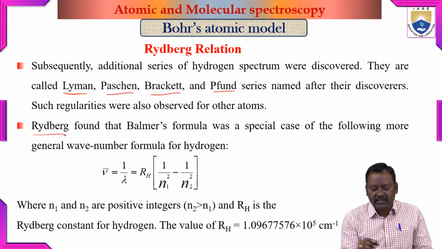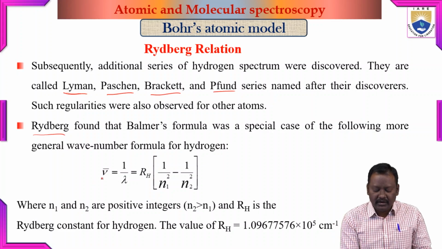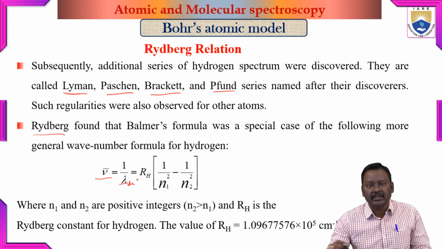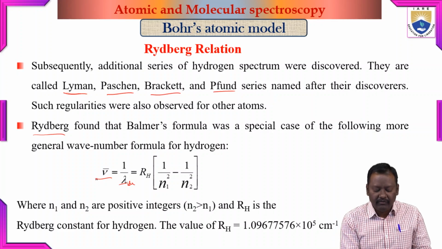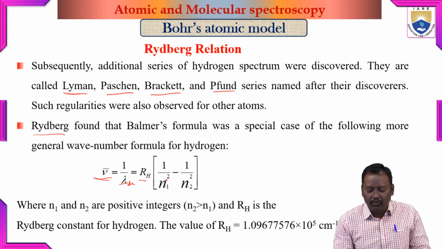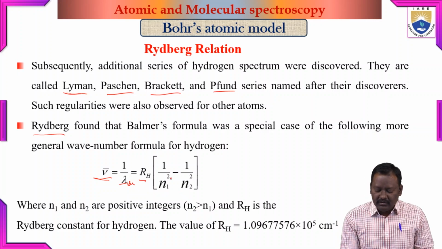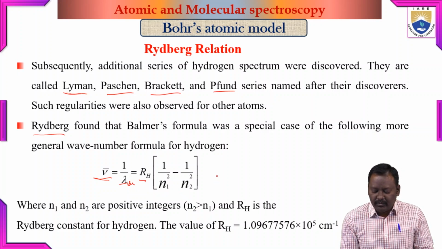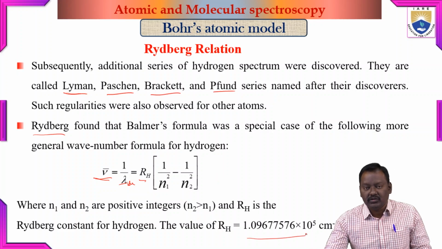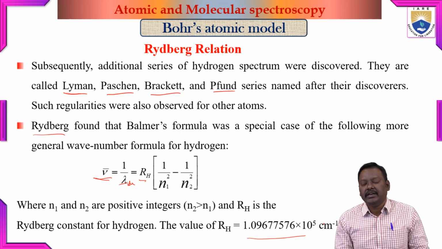Later, the scientist Rydberg gave one more relation in terms of wave number, which is the inverse of the wavelength in vacuum. The wave number equals RH into 1 by n1 square minus 1 by n2 square, where RH is the Rydberg constant, given by 1.096777576 into 10 power 5 per centimeter.